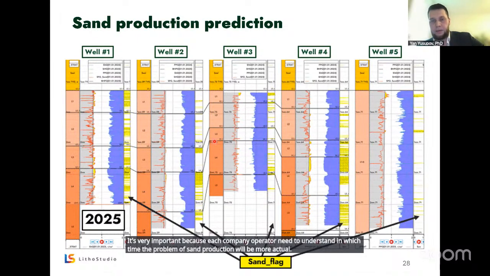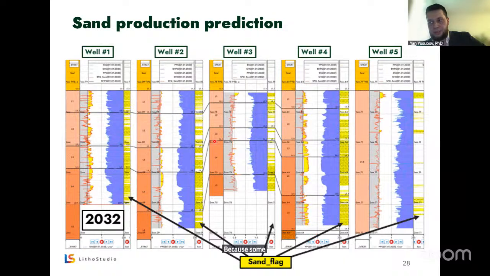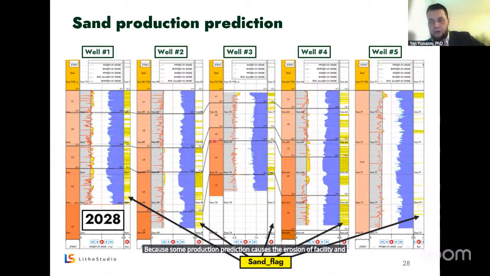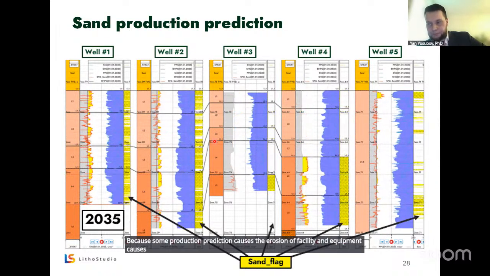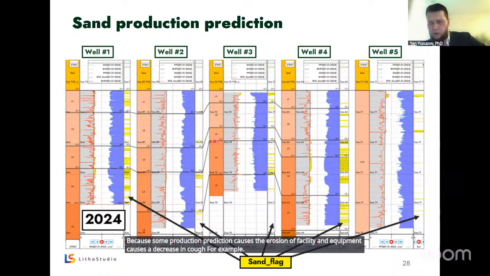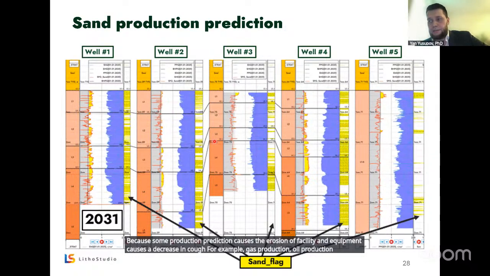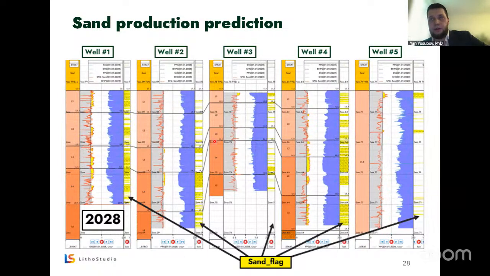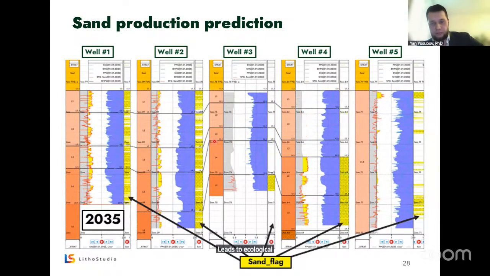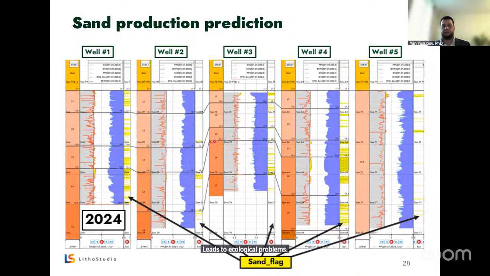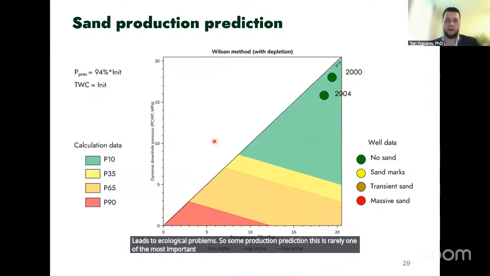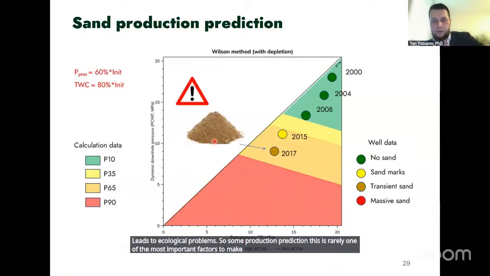Sand production causes erosion of facilities and equipment, causes a decrease in, for example, gas and oil production, and this can lead to ecological problems too. So sand production prediction is really one of the most important reasons to use geomechanics.